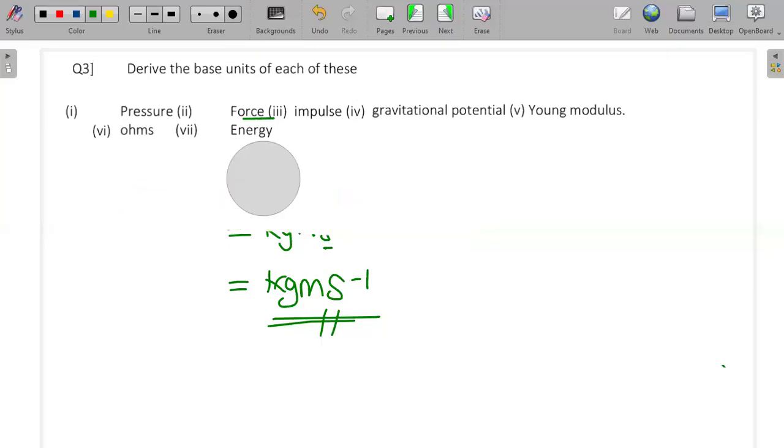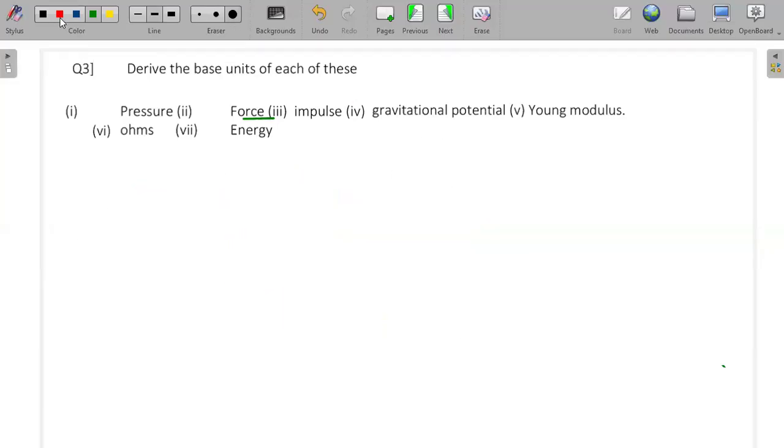All right, let's look at potential energy, or gravitational potential as they are putting it here. So energy has a lot of formulas, but the derived base units are always going to be the same, no matter what formula of energy you are going to use. So here they have said gravitational potential energy, so I'll use that formula. Gravitational potential energy is equal to m multiplied by g multiplied by h.